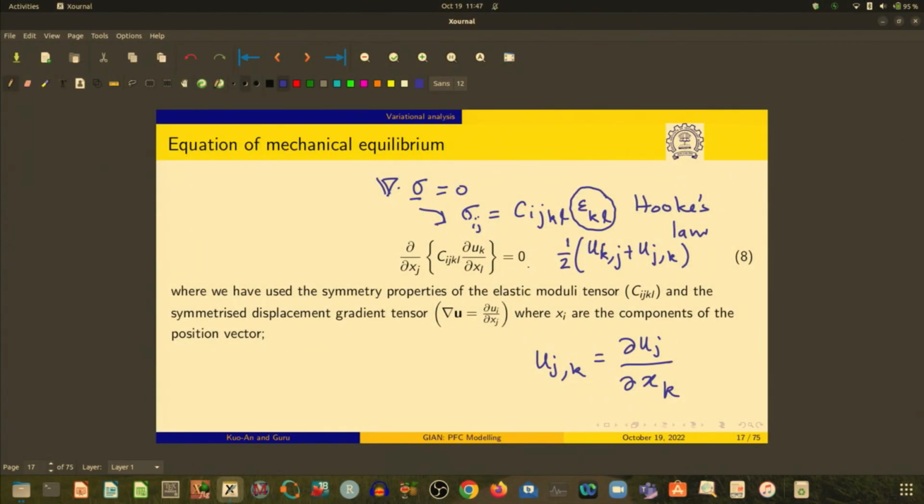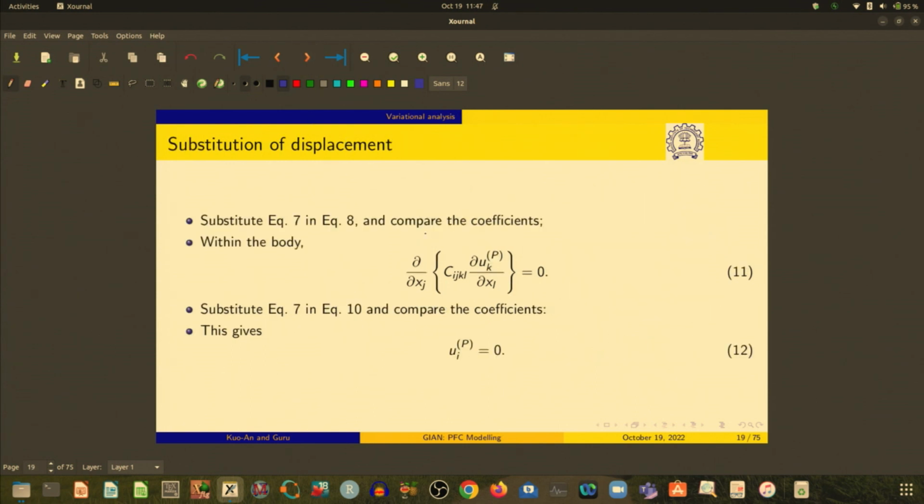So, all of them should be 0, okay, which is what is shown here. If you substitute the expansion into the equation of mechanical equilibrium and compare the coefficients, you will find that within the body all these u^p, p is 1, 2, 3 etc. up to infinity, they all should satisfy the equilibrium equation.